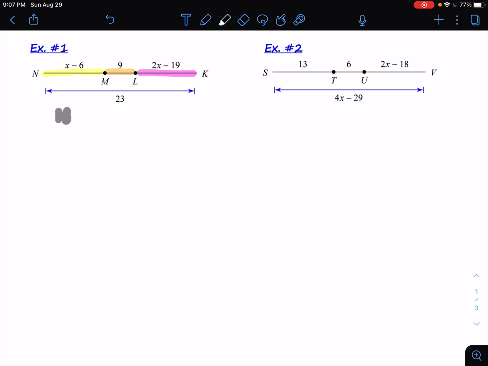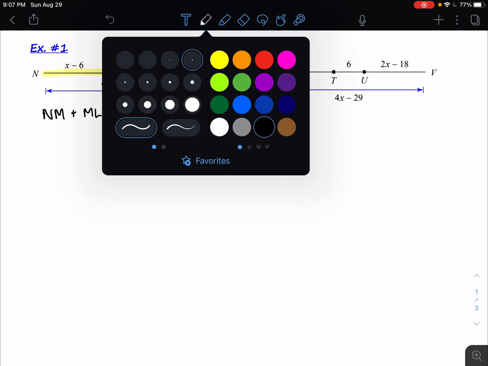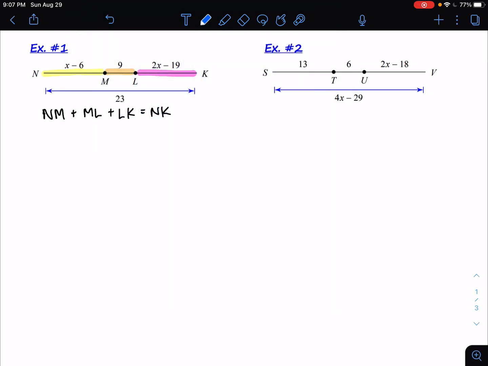NM plus ML plus LK will equal my total of NK. So now we're just going to go ahead and substitute them back in. NM is x minus 6, ML is positive 9, LK is positive 2x minus 19, which equals my total amount of 23.